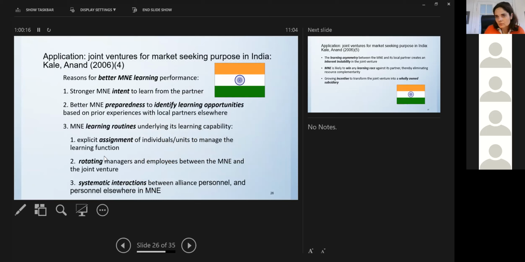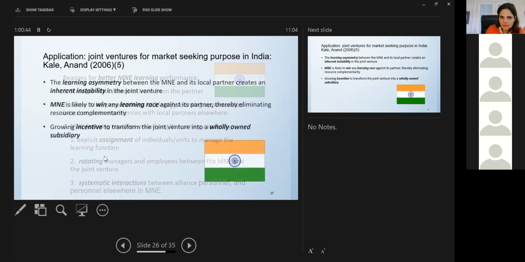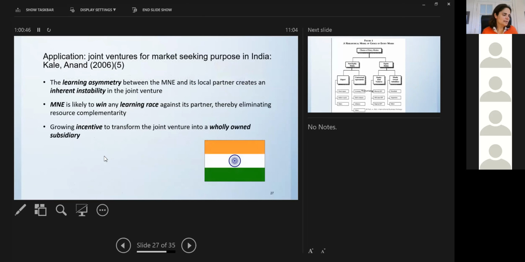Rotating managers, that's always a good idea, and employees between the multinational and the venture, because otherwise it stays within the venture or the alliance in general, alliance also non-contractual, and the joint venture also with equity infusion. Rotating these people, because otherwise, if the alliance stops, it's only limited to the people who were involved. And systematic interaction. So you see, these are tricks to use to really get the most out of it.